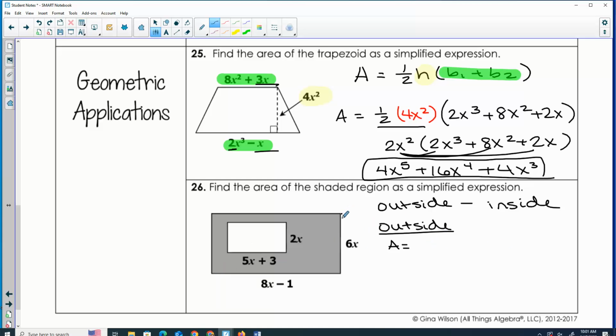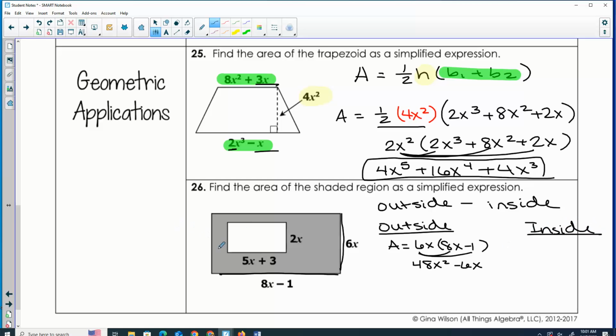So for the outside, I have this side, which is 6x, times this one, so 8x minus 1. If I multiply that, that's 48x squared minus 6x. So that's the outside area.